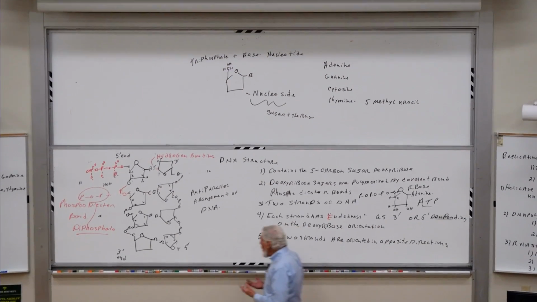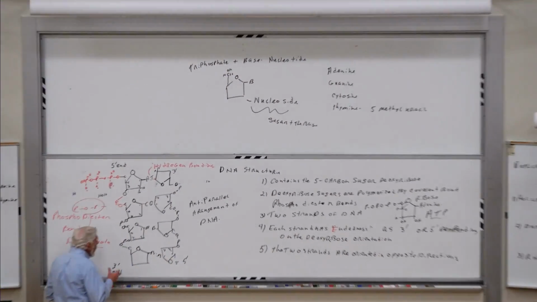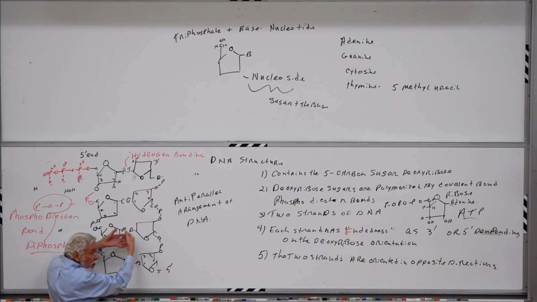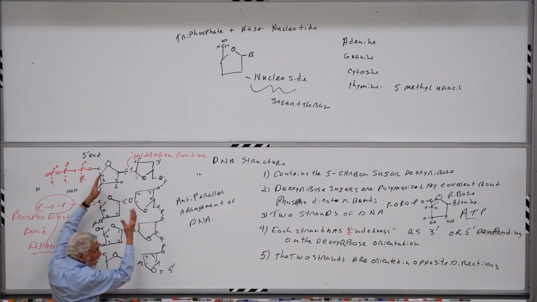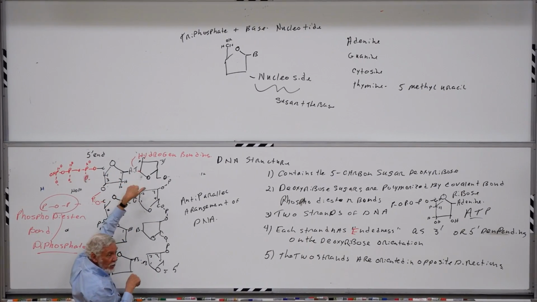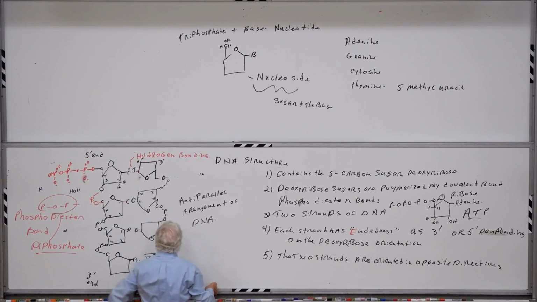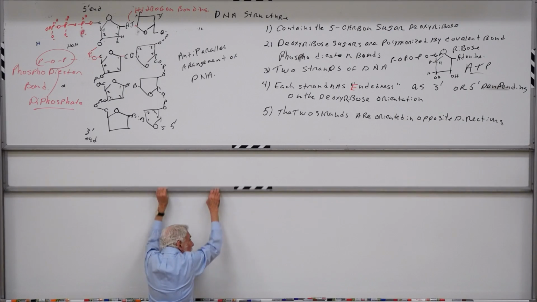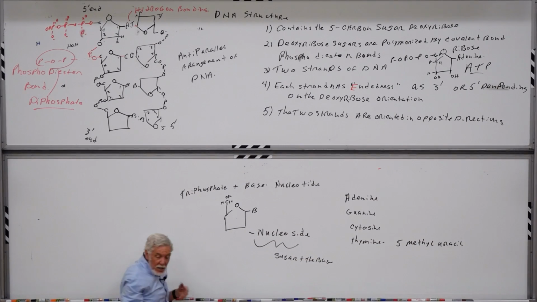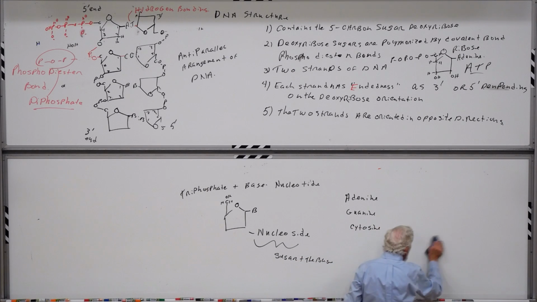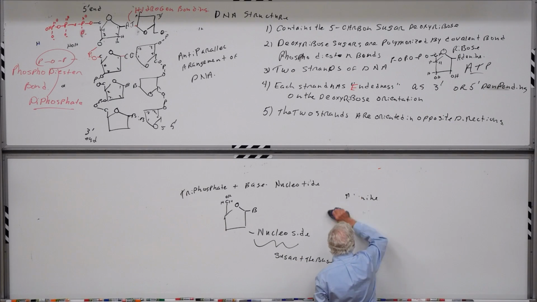So far, the major ideas are that we have covalent linkages between sugars, we have hydrogen bonding between bases, and that the 2 strands of each DNA molecule are pointed in opposite directions. What I want to do up here is take that information and incorporate it into the fundamental idea of how DNA molecules replicate themselves.